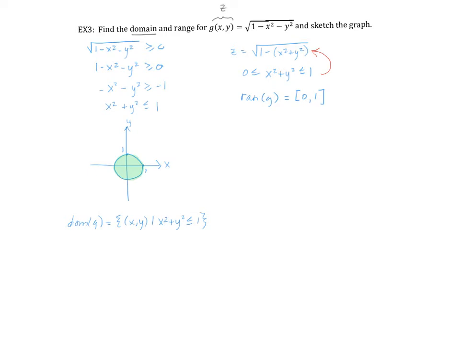This is the upper half of a sphere centered at the origin with a radius of 1. Because my domain is this circle, I just sketch my domain, and I know my z values go from 0 to 1.